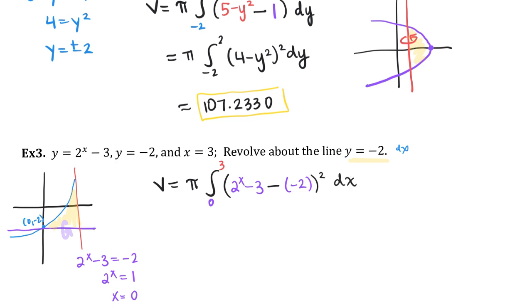Now again, this and this can be swapped because when you square them, it's not going to have any effect on your result. I'm going to simplify it just for the sake of less typing in my calculator. Minus 3 minus negative 2 is negative 3 plus 2, negative 1 squared dx. And then in my calculator, I get about 88.7411 cubic units.